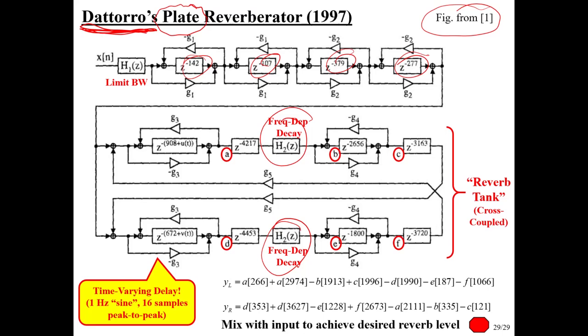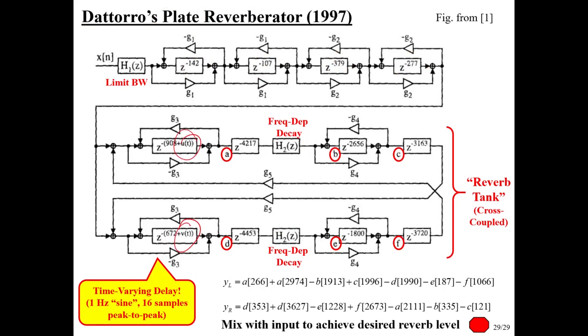A couple other interesting things: in those two places, the delay is being varied with time. We saw that kind of thing in the vibrato. It's not clear whether you need to do interpolation here like we did, but I bet you do. Probably wouldn't sound right anyways.